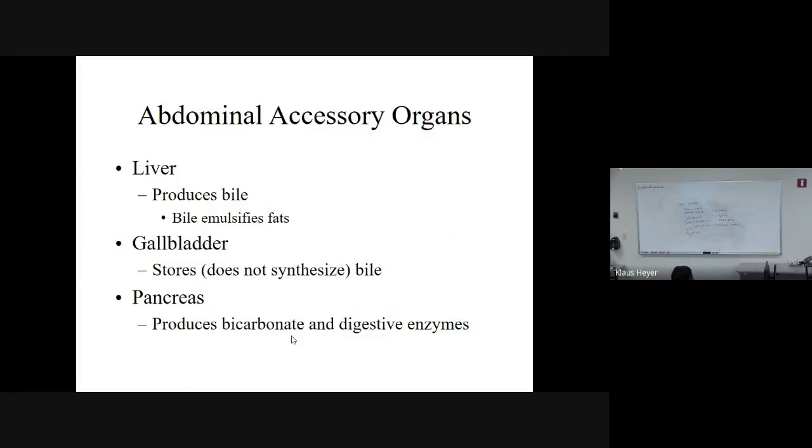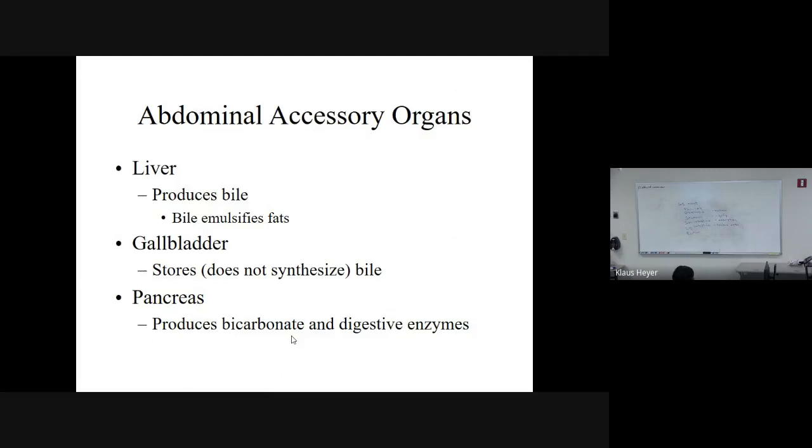That's an endocrine function. This is an exocrine function, meaning that it's going through a duct. This is not like a hormone. These are enzymes. There's a lot of digestive enzymes that the pancreas is going to release and put into the small intestine. I have a list of them on another slide, and it's long.